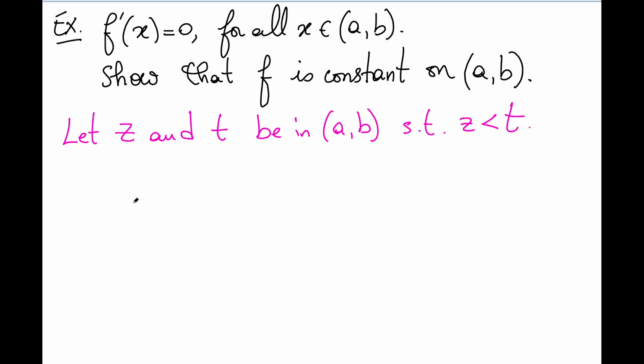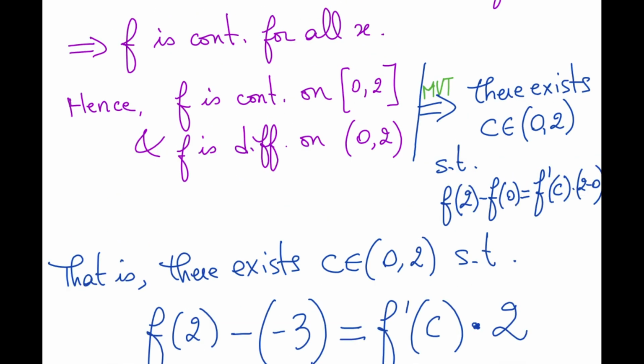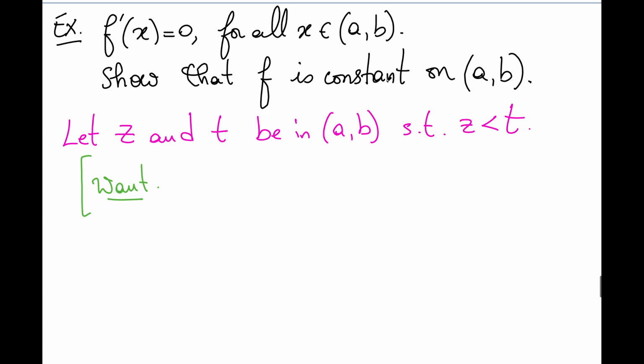Okay, so let me write it in a different color. So we want to show that f is constant on AB, meaning f of Z and f of T are the same.